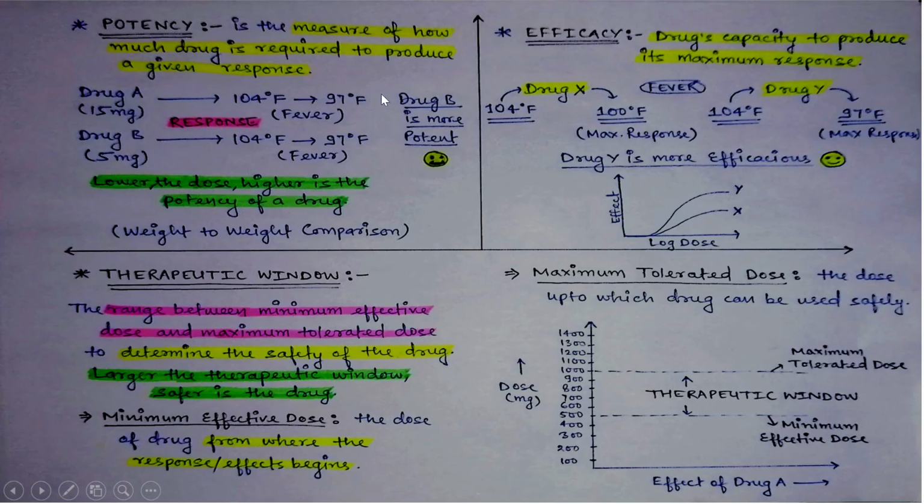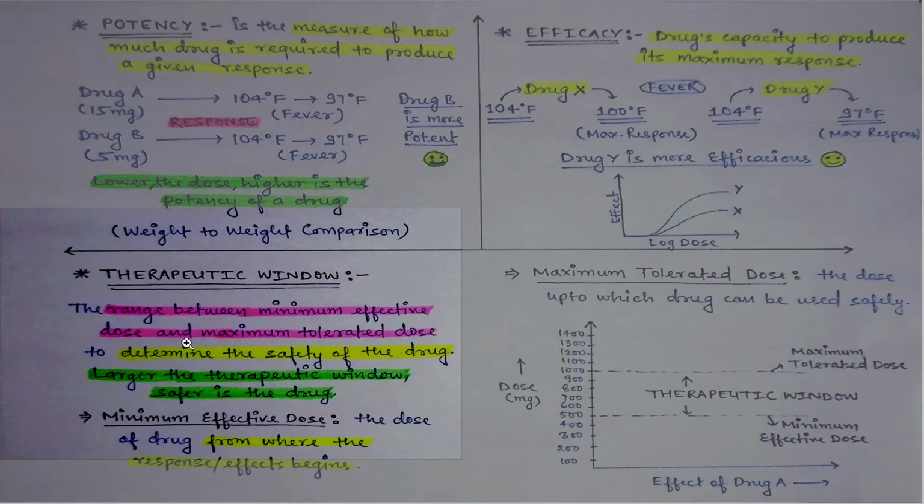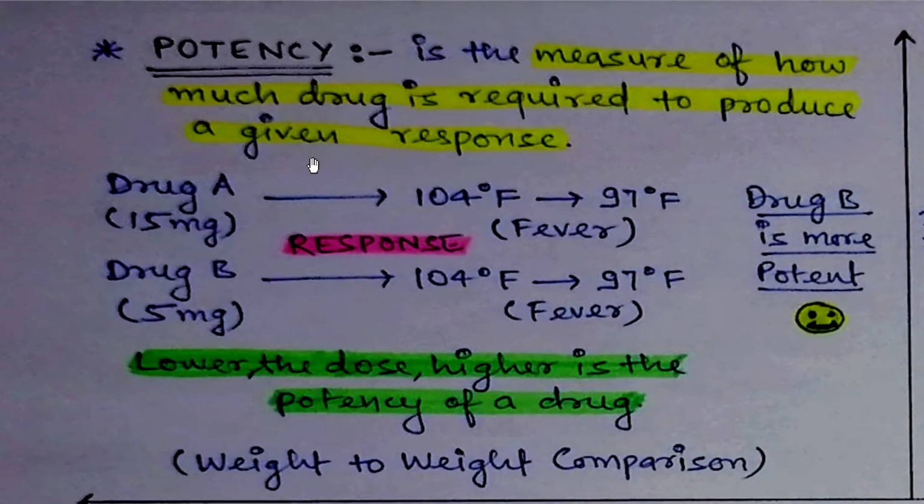Now let us see what is potency. Potency is the measurement of the drug, which is how much required to give a response. Suppose any patient is suffering from fever, he has 104-degree fever, and drug A of 15 mg reduces it to 97 degree, whereas drug B of 5 mg reduces the same fever to the same extent.